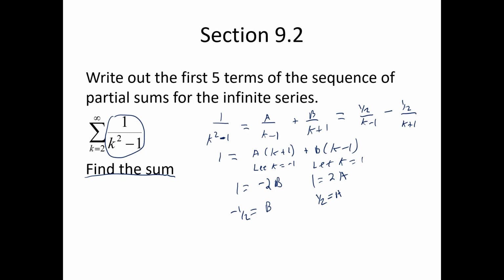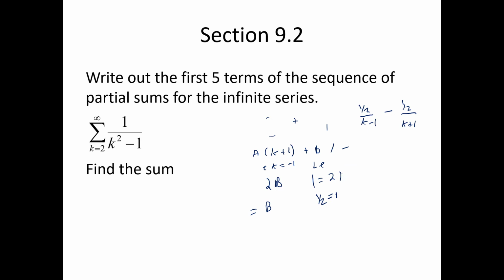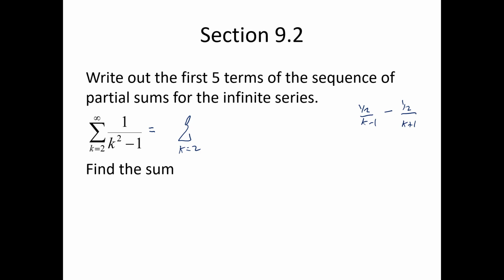Okay, so I'm going to erase all this because I need more space. So you go through the partial fraction decomposition so that you can rewrite your series as the summation from k equals 2 to infinity.